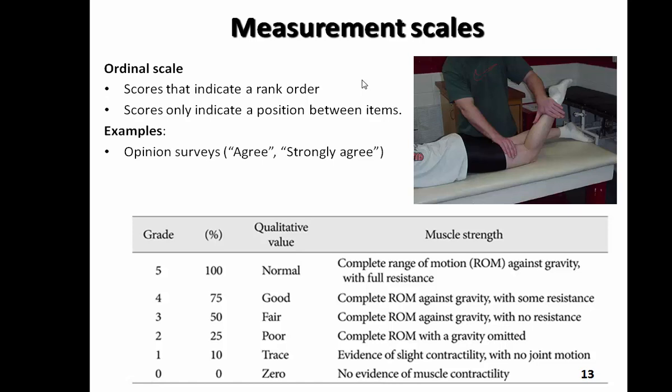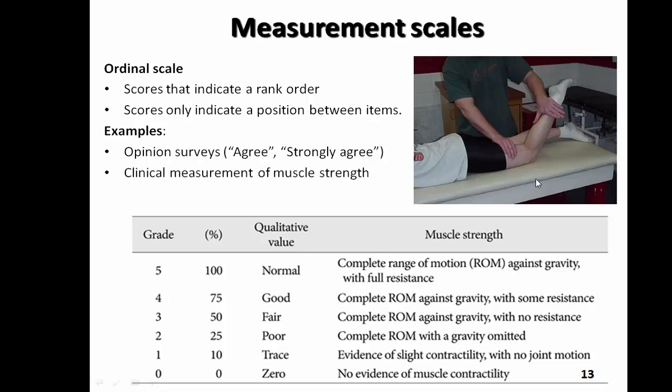Some examples include opinion surveys, where common selections include agree, strongly agree, disagree, or strongly disagree. In this case, the researcher may assign some sort of rank order to the opinion survey. It depends upon the survey, and it certainly depends upon the nature of the question.